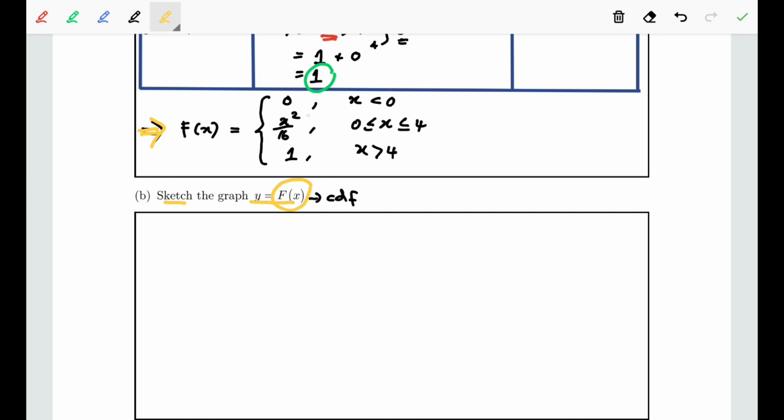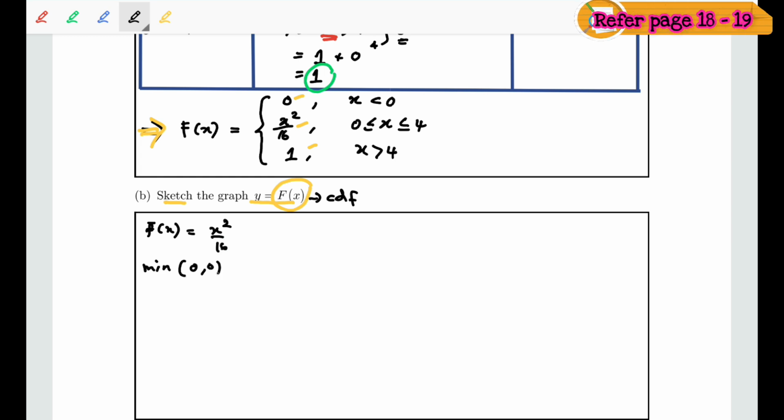Altogether we have three functions, starting from 0, and then the second function continues with the quadratic and ends up with a constant. So for the quadratic function, we're going to write it here, fx. I'm going to take the function x squared over 16. The minimum here should be 0, 0.